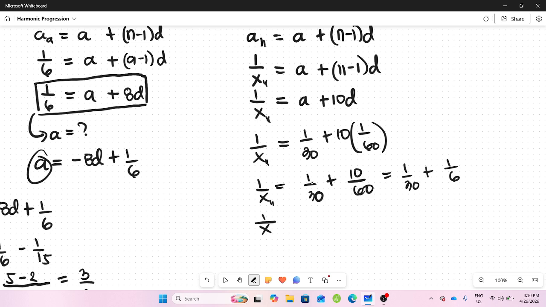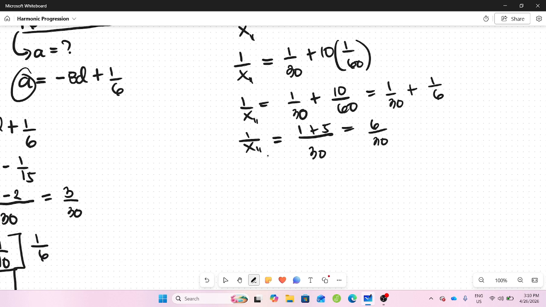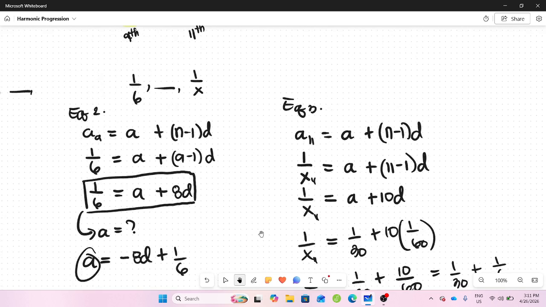So our 11th term should be, well, the common denominator is actually 30, so 30 divided by 30 is just 1. We have 5, so we have here 6 over 30. So we get 1 over x, the 11th term. That should be 6 over 30, and 30 is divisible by 6, so this can be 1 over 5. So our 11th term is 1 over 5.